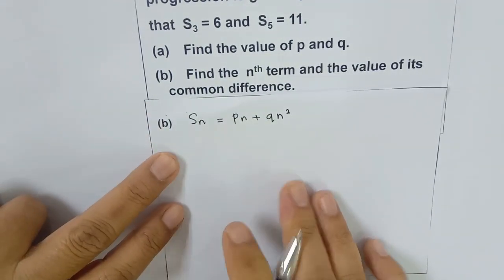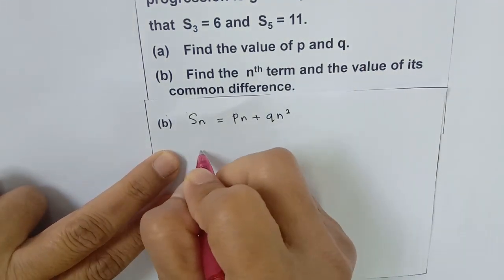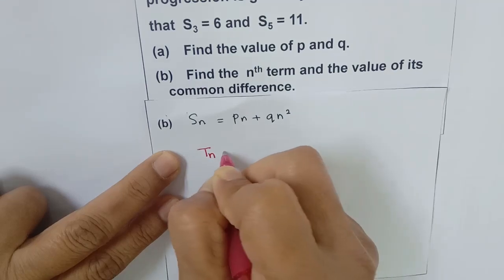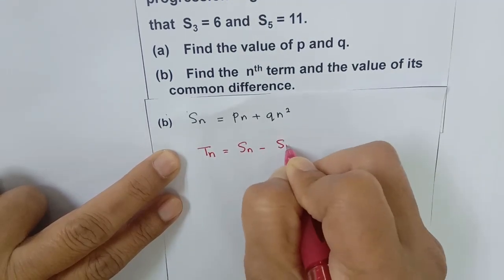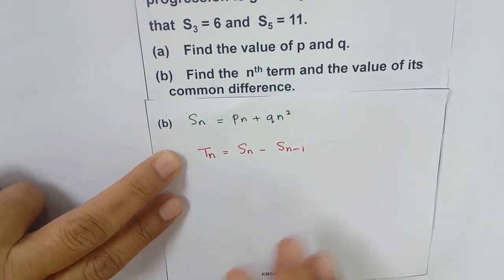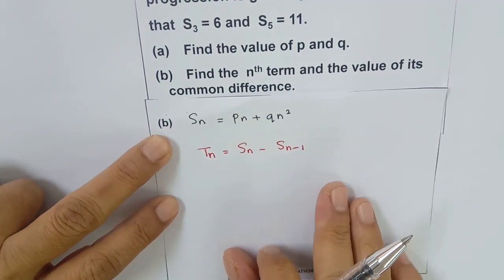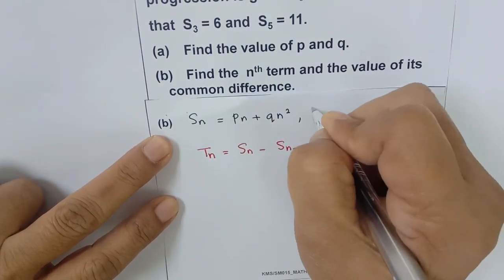To find the nth term, using the formula Tn equal to Sn minus Sn minus 1. Okay, so given Sn, find Sn minus 1.